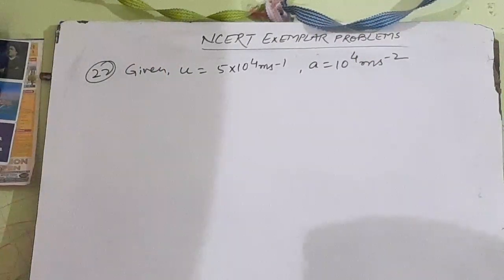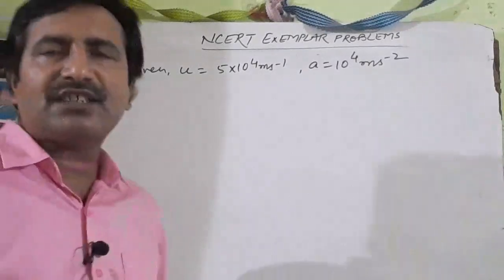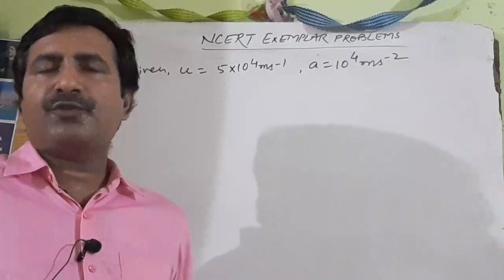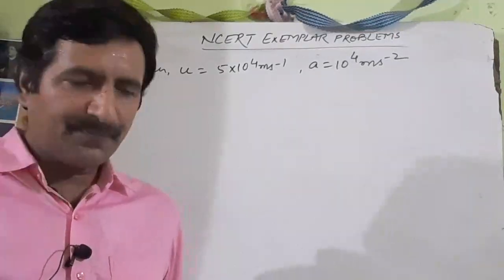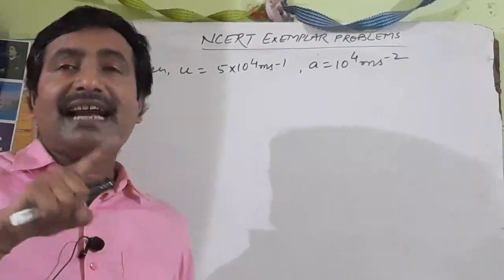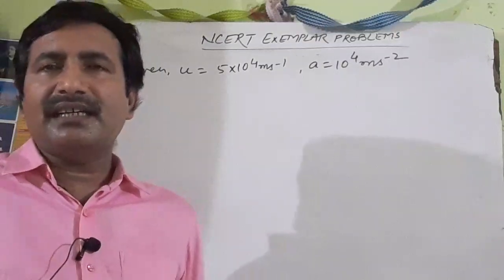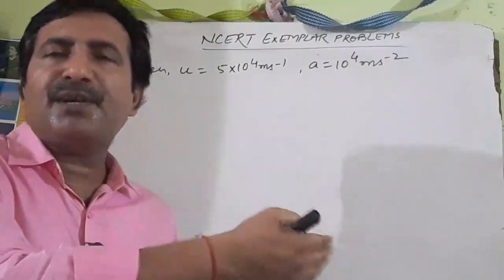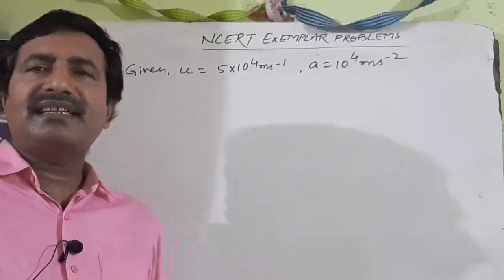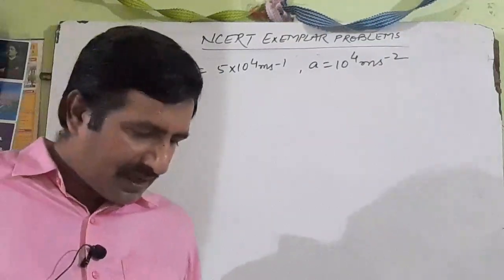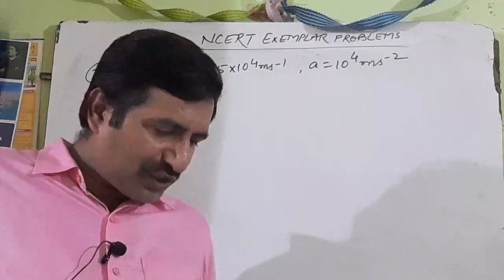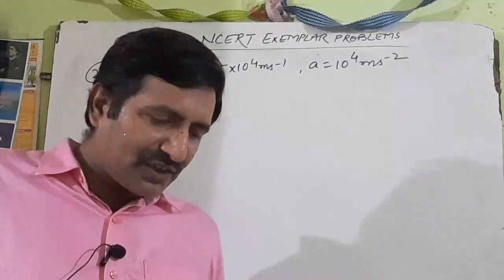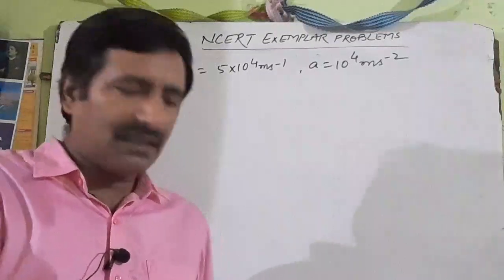After then, in the direction of its initial motion. In the direction of its initial motion means acceleration is positive. So velocity will increase. If it will be in the direction opposite to the initial motion, then velocity will decrease. But here velocity will increase because the acceleration is in the direction of initial motion. First part of question is calculate the time in which the electron would acquire a velocity double of its initial velocity.